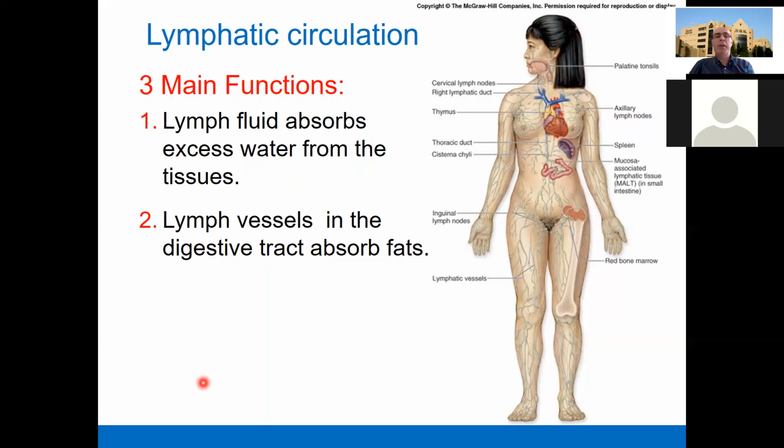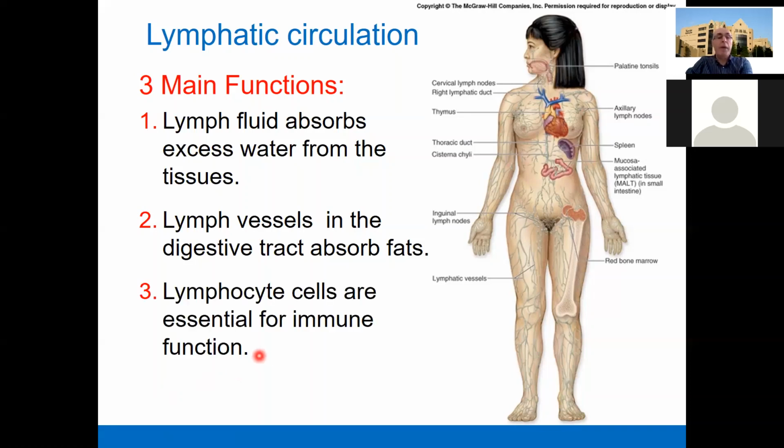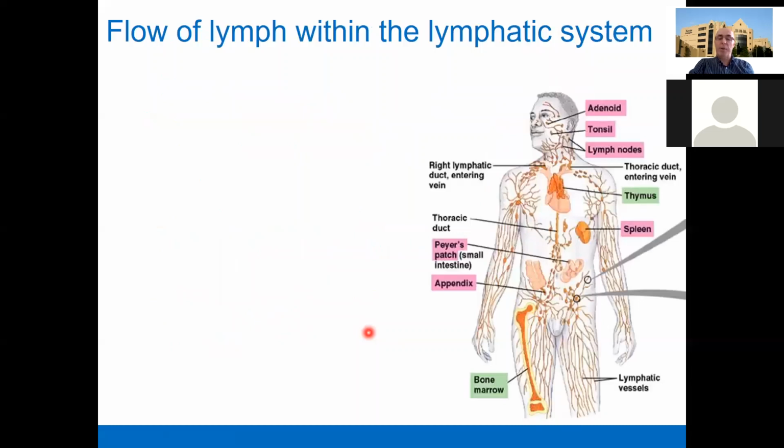First it is absorbed into the lymphatic system, and then later it enters our blood circulation. And lymphocyte cells are essential for human immune function. Fighting microorganisms which invade our body is a really important function of lymphocytes.